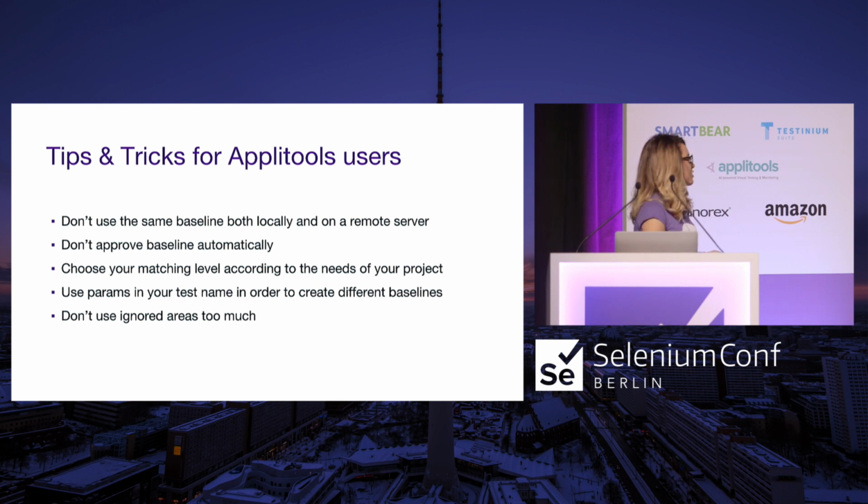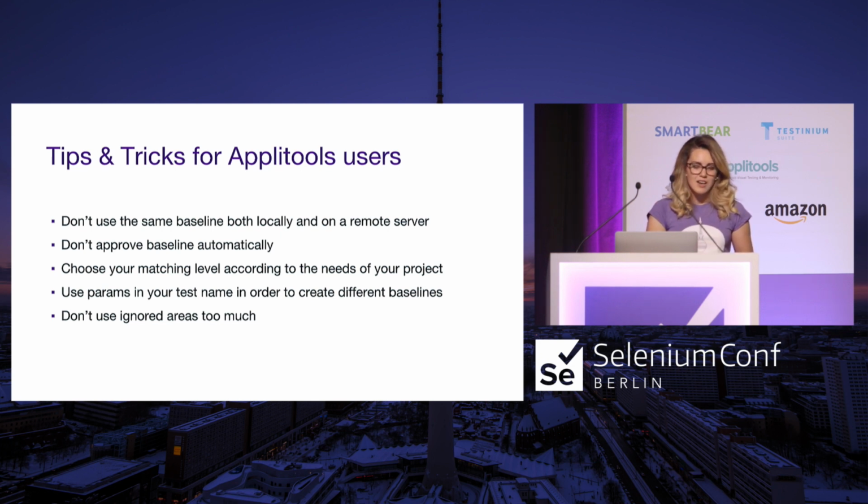And also I suggest not to use ignored areas too much. It goes, as I said, not only for Applitools, but if you need to ignore some parts of your screenshot, and these ignored parts are a big part of your screenshot, it means that something is wrong with your test.